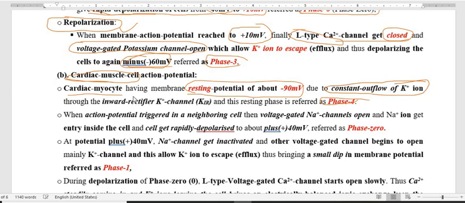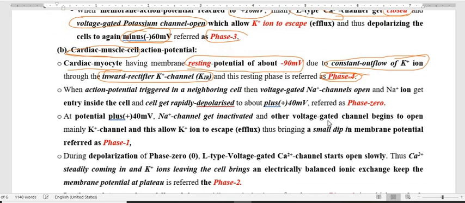KIR stands for inward rectifier potassium channel. Through this channel there is constant outflow of potassium ion from the cardiac myocyte, which gives the resting membrane potential of minus 90 millivolt, and this is called phase 4 in the cardiac muscle cell.